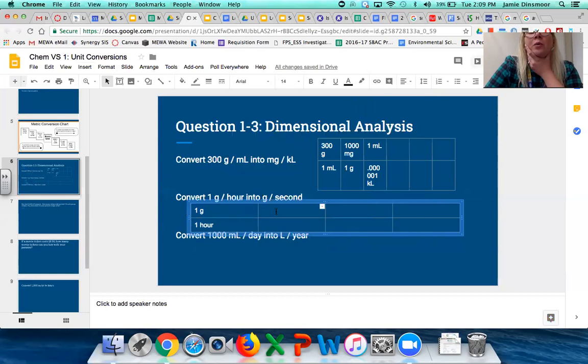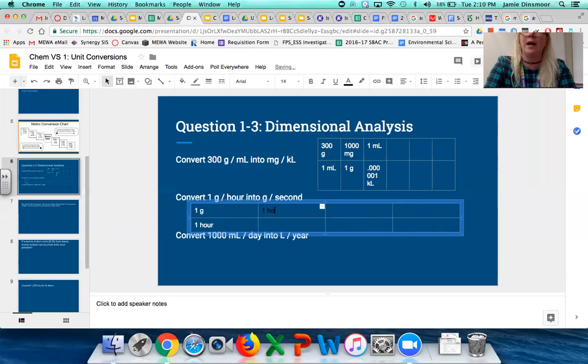Well, what do we know about the relationship between hours and seconds? Do we know any conversions that could help us get to seconds? Minutes, sure. Do we know how many minutes are in an hour? 60, great.